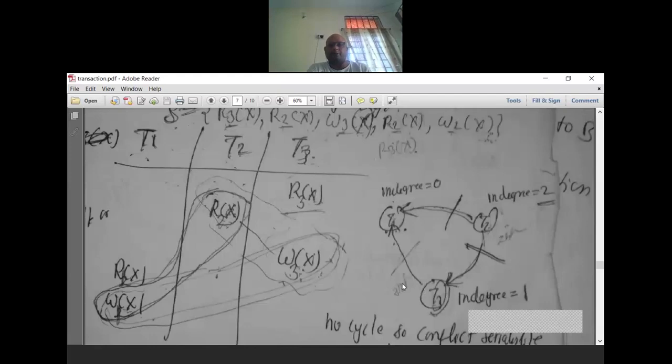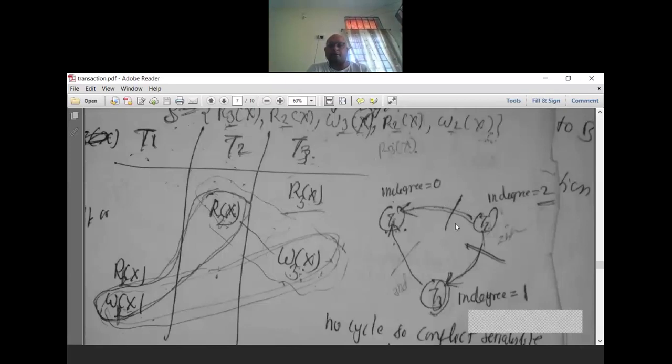Now I will check from T1 to T2. I have checked whether there is any conflict operation from T1 to T2. There is no conflict operation from T1 to T2, so I have not put any arrow over here.